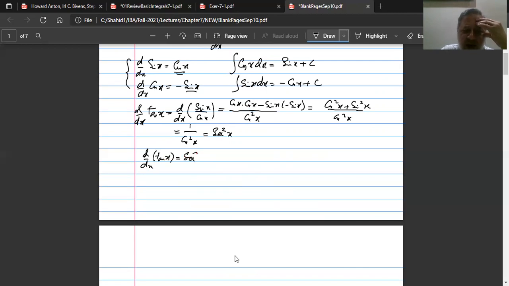So whenever I have to think about a corresponding antiderivative formula, I don't write the antiderivative of tangent, cotangent, or secant in the beginning. I see that the derivative of tangent is secant square, so that means the antiderivative of secant square has to be tangent x, of course, plus c.